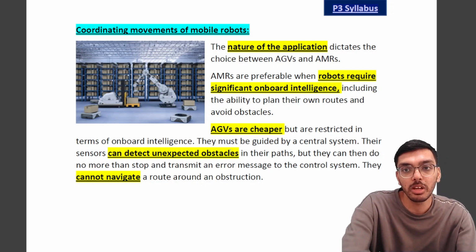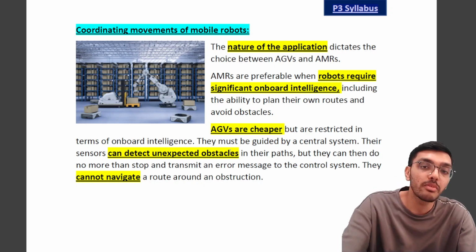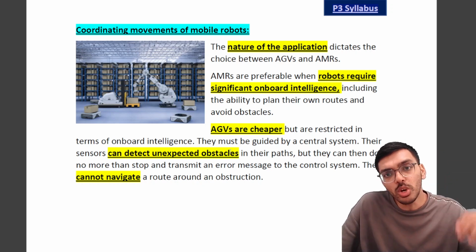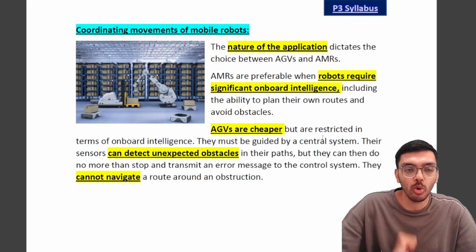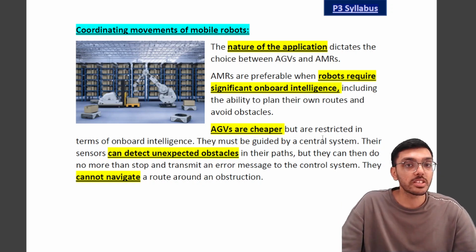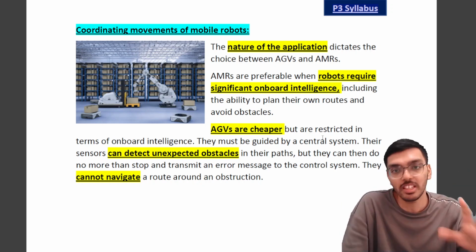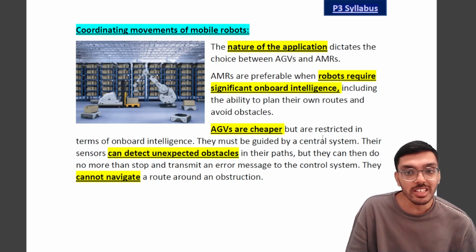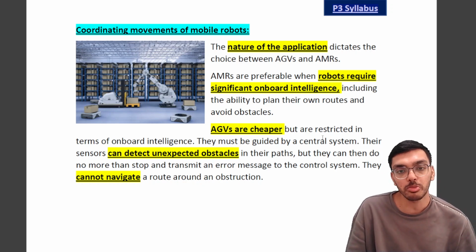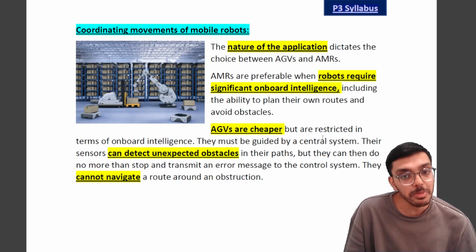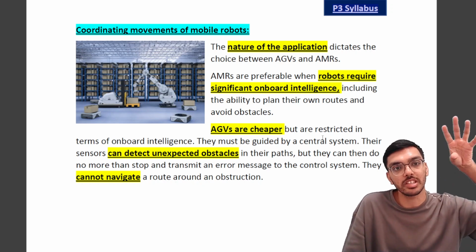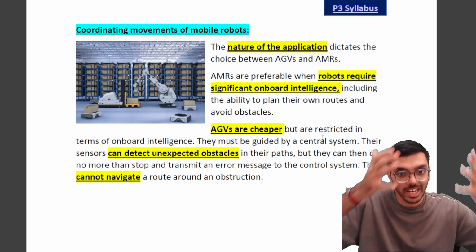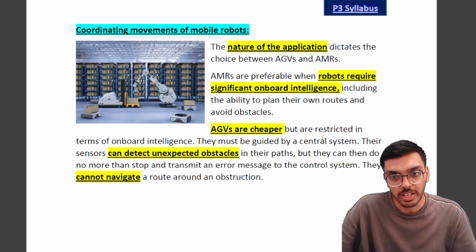AMRs are preferable when robots require significant onboard intelligence, including the ability to plan their own routes. Now, if you have a system where you need your robot to plan its own route, then AMRs are suited. But AGVs are cheaper, but are restricted in terms of onboard intelligence. They must be guided by a central system, like a route that you have set, or electrical cables that you have set.